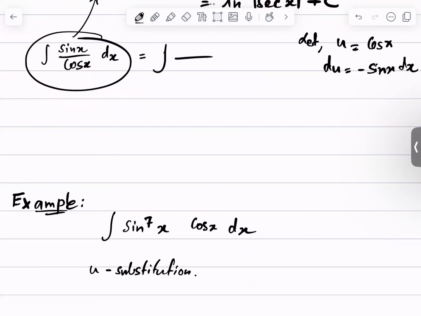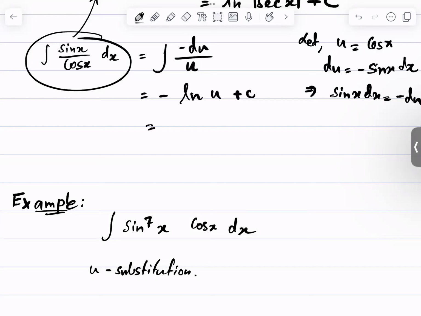And if we substitute, then I'll have u on the bottom, and this implies sine x dx is minus du. So I'll have minus du on the top, which is minus ln u plus c.